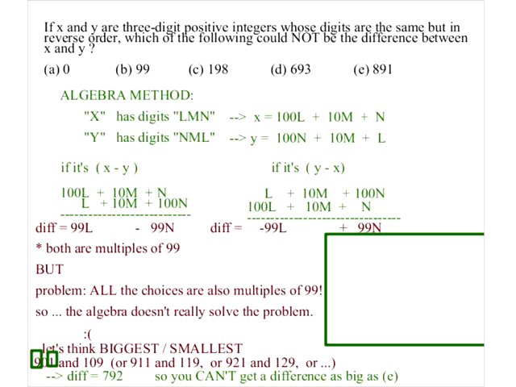If you understand number properties pretty well, this will make sense. You can factor these expressions. This either gives you 99 times L minus N or 99 times negative L plus N. And that one on the right turns into 99 times N minus L.